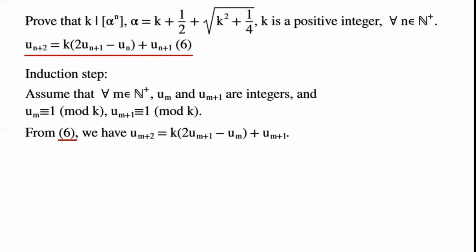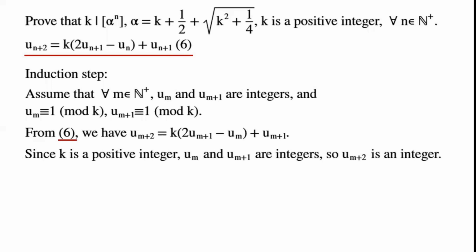From equation 6, we have um plus 2 equals k times 2um plus 1 minus um plus 1.